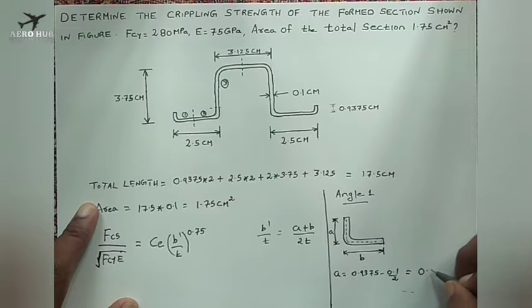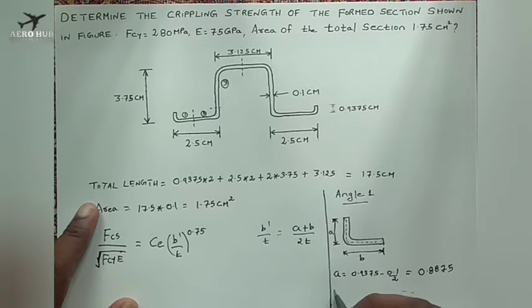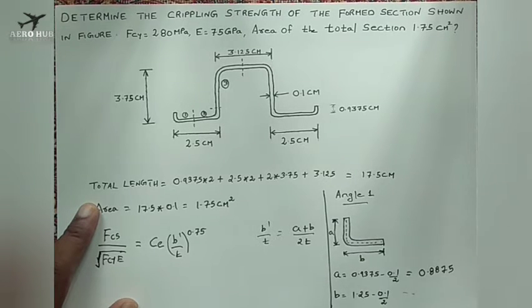So this will be 0.8875. Similarly, B will be equal to 1.25 minus 0.1 by 2. So this will be equal to 1.2. Okay, so we got the value for A and B.